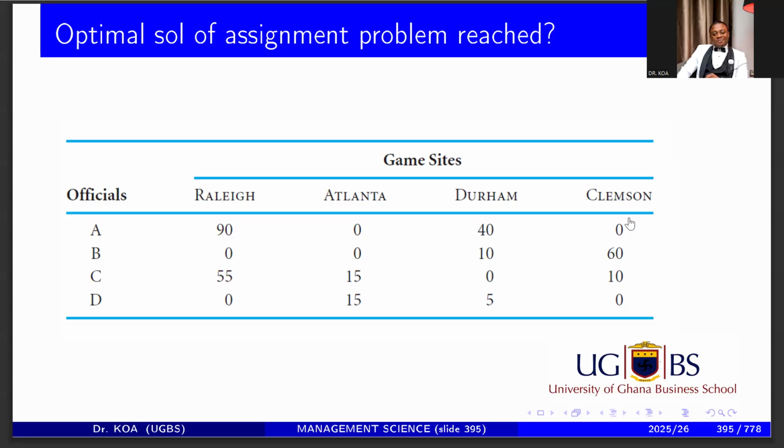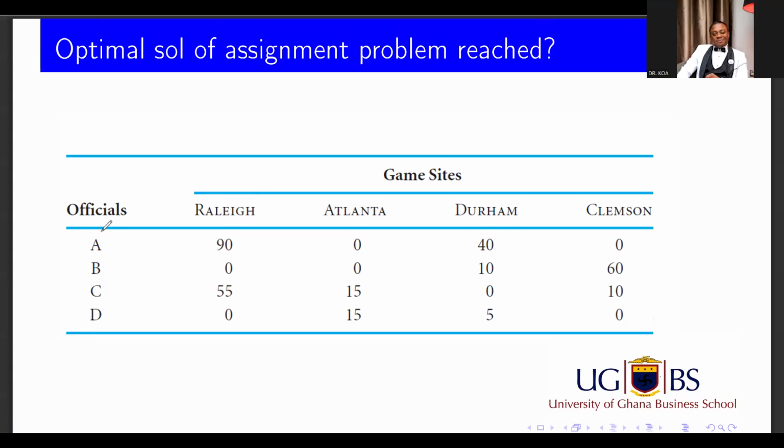It makes sense to assign officials in D to Clemson, officials in C to Durham, and officials in B to Raleigh. Let's match that. You're right. I mean, I missed that. Okay. It makes sense to assign officials in B to Atlanta so that the D can be Raleigh.